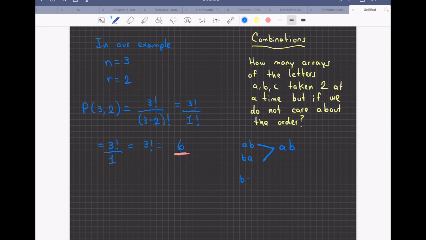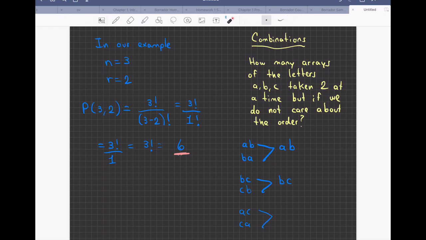And the same for the previous one, BC, CB. If I don't care about the order, BC or CB is the same for me, the array with the elements B and C. So I write only, for example, BC, a representative of BC or CB, and AC and CA.